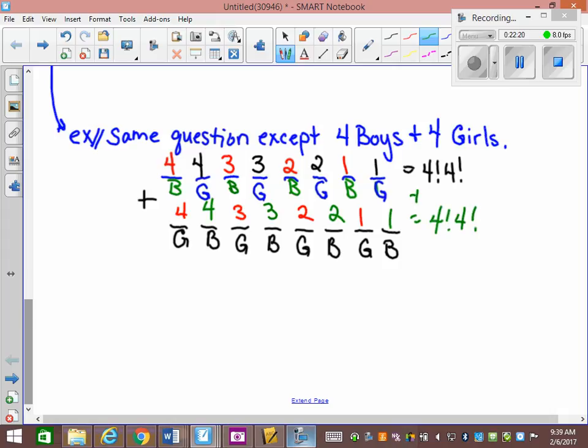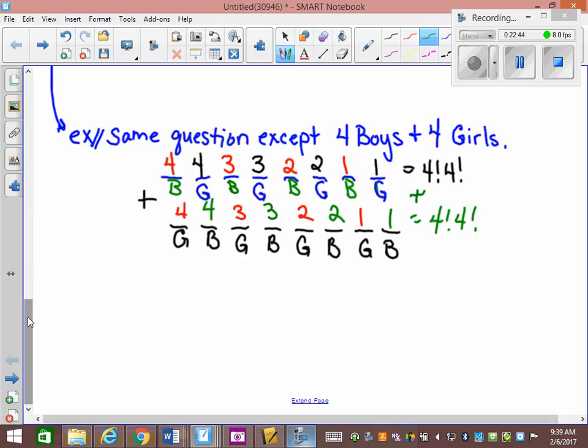So instead of adding these like this, what could I have done? Instead of going 4 factorial plus 4 factorial, what could I do? Nope.